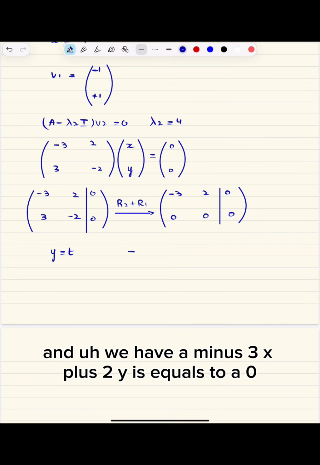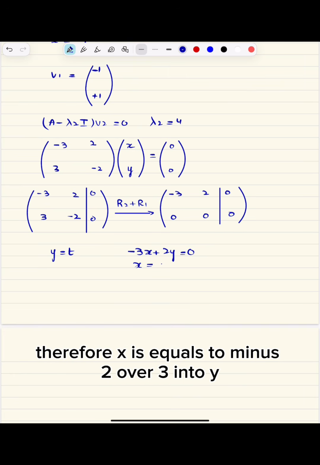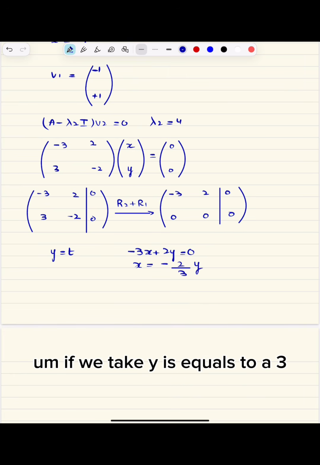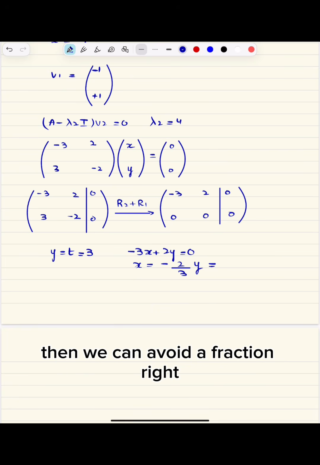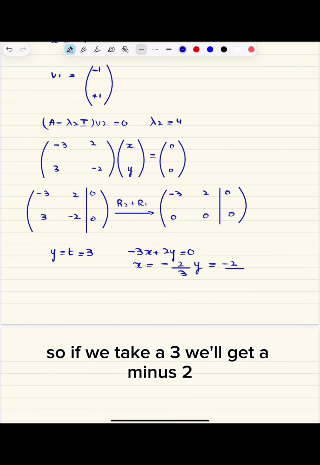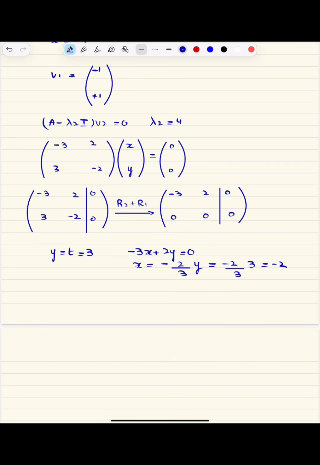And we have minus 3x plus 2y equals 0. Therefore, x equals minus 2/3 times y. If we take y equals 3, then we can avoid a fraction, right? So if we take 3, we'll get minus 2.